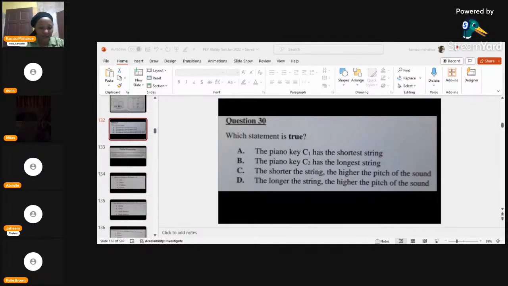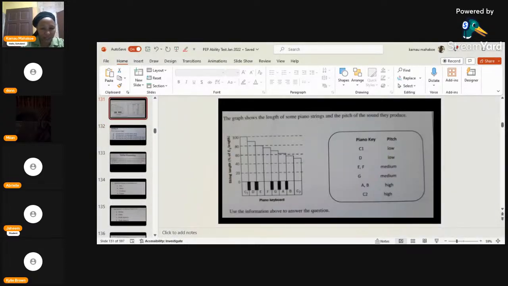All right. So based on the findings from the table, which one would we go with here? Let's look back quickly at the table. The long strings are low pitch. See that? C and D are the longer strings.